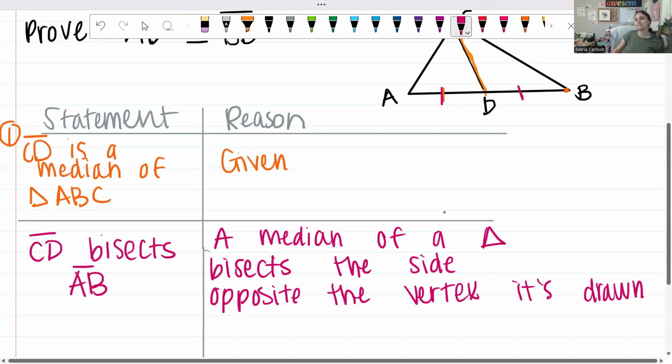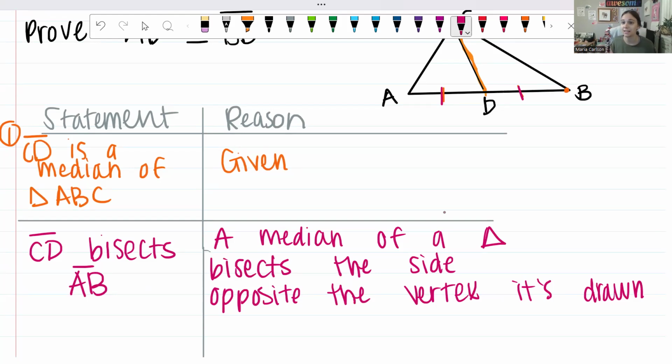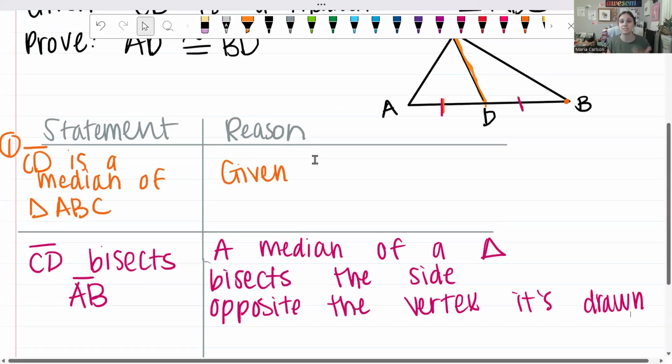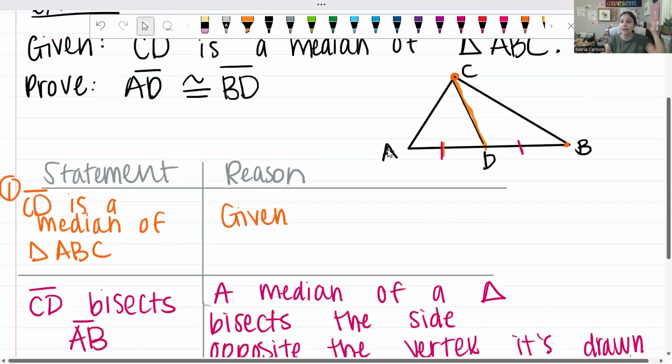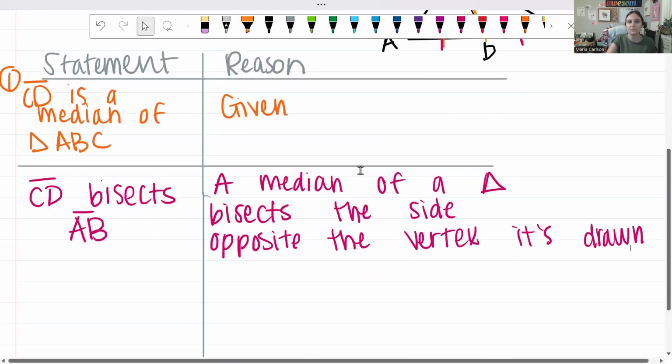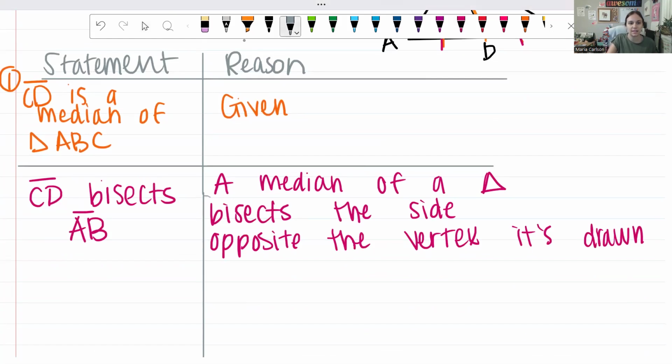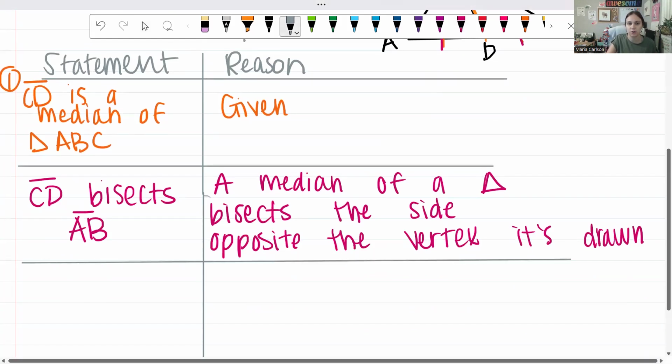So sometimes your reason is a little lengthy, and that's okay. Sometimes you kind of have to explain yourself, and that's what we're doing here in a proof. So this segment CD is bisecting segment AB because that's what it does. That's what a median of a triangle does, is it bisects that opposite side from which it's drawn.